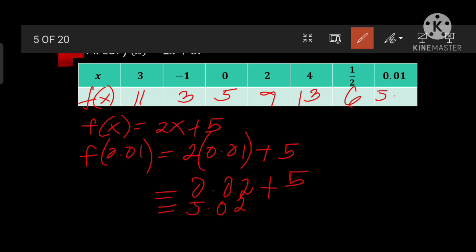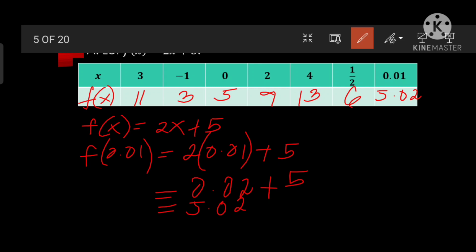So this is now 5.02. Well, actually, if the computation involves decimal numbers, we can use a calculator to make our work a little bit faster. So given the pre-assigned values for x in constructing a table of values, we only need to substitute the given value for the variable and then solve for f of x.